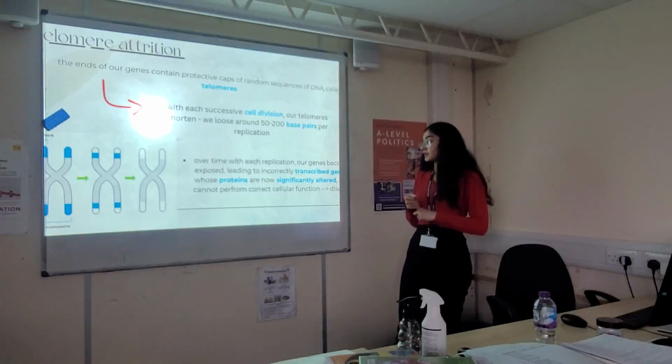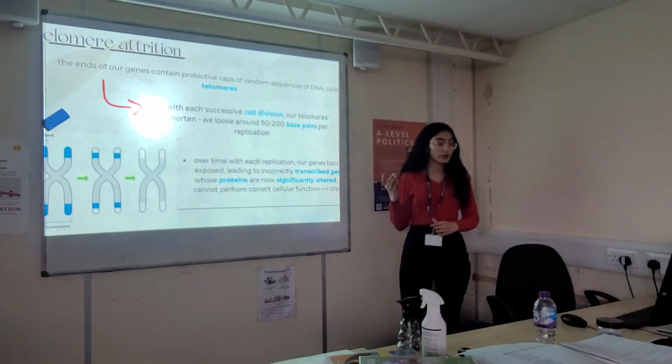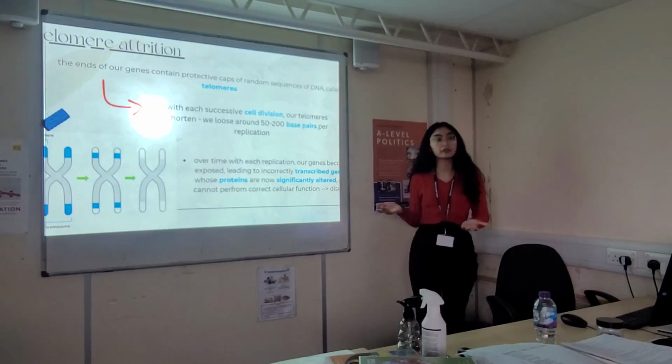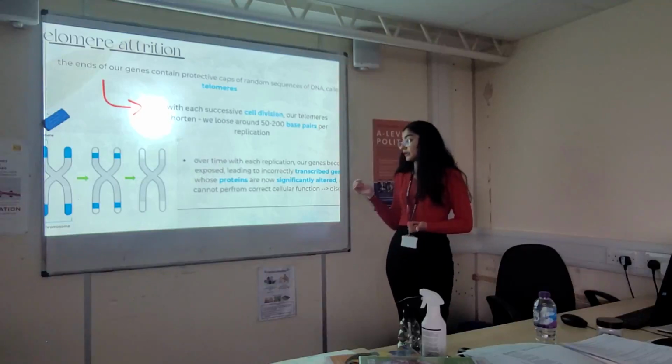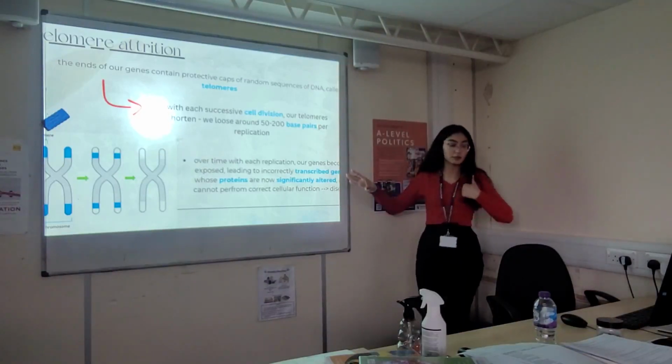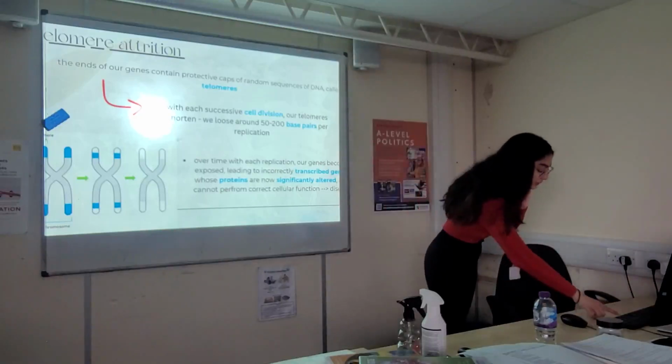Our proteins can't perform any correct cellular function. That can accelerate aging and make you more prone to age-related diseases when you grow up, like Alzheimer's and Huntington's disease. They all factor into this idea of telomere attrition.